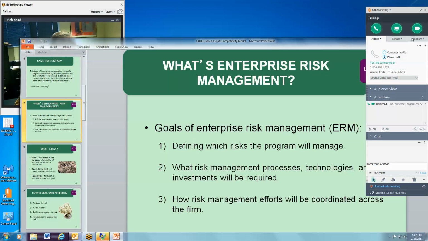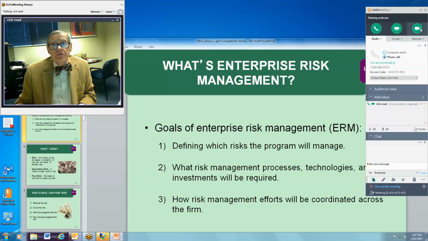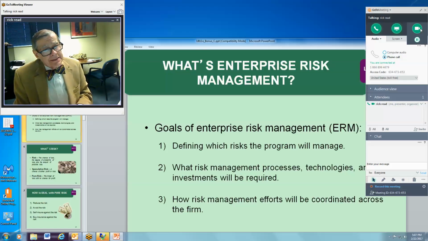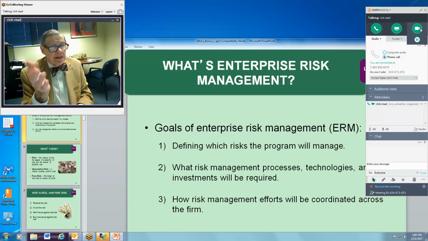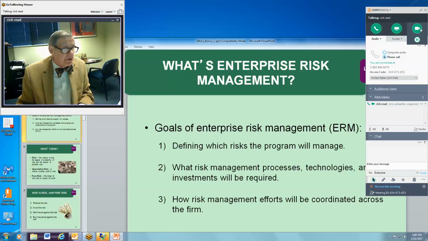Now, this particular slide begins with a term that you may not have heard of before, and that is ERM, Enterprise Risk Management. It defines a risk program, which risks a program will manage, the processes and technologies and investments required to manage the risk, and how the efforts will be coordinated across a business.